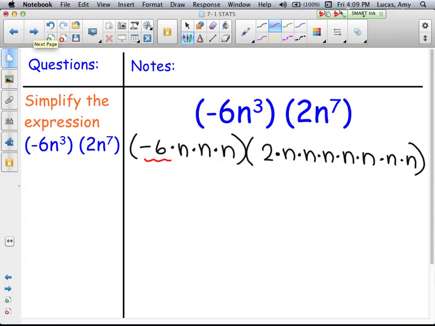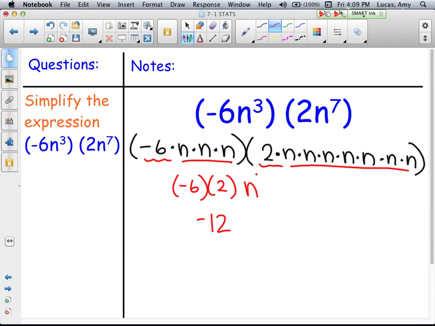I'm going to take these two numbers and regroup them. -6 times 2 is -12. Now I can combine my n's, and I've got 3 of them and 7 of them, so I have 10 n's altogether. So my answer in simplified form should be -12 n to the 10th power.